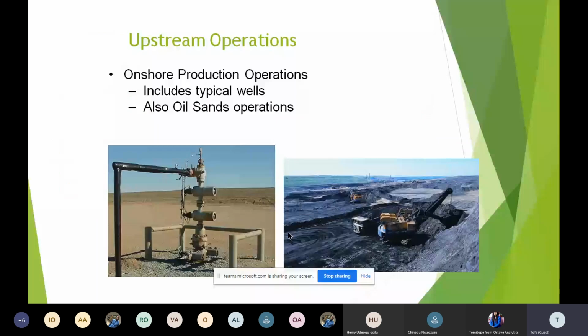Going back to the upstream, I'm bringing this up just to let us know that there are developments in the upstream. Before now, we only knew of perforating the subsurface and getting the hydrocarbon resources after exploration.